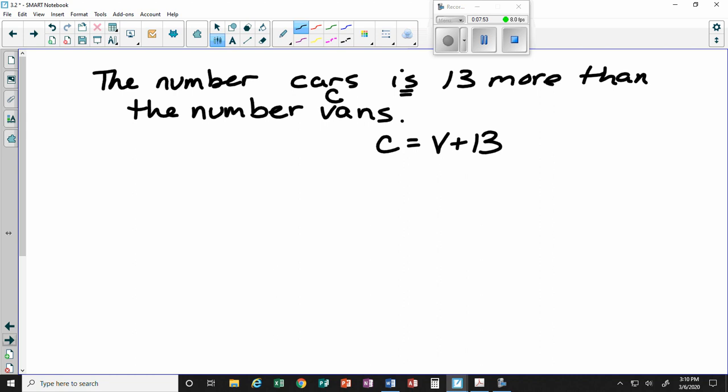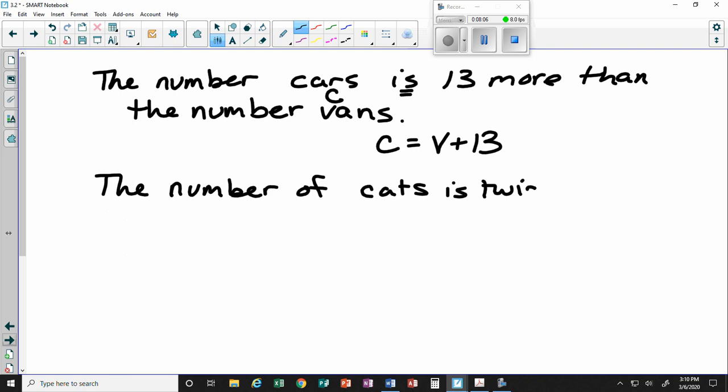If they say double, the number of cats is twice the number of dogs. So to get the number of cats, you have to take the number of dogs and multiply by 2.